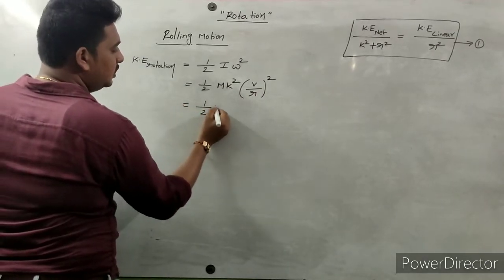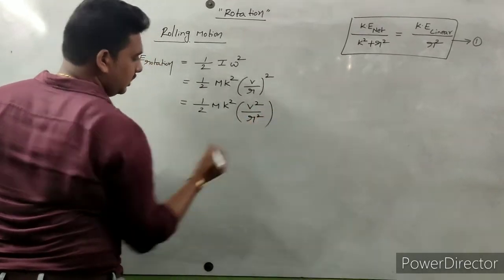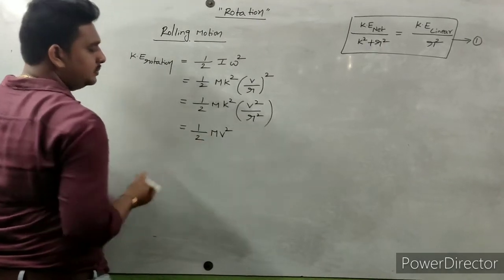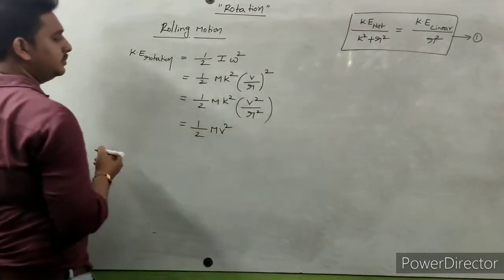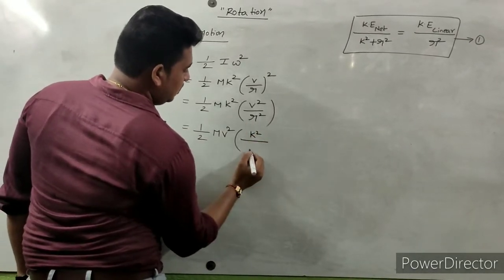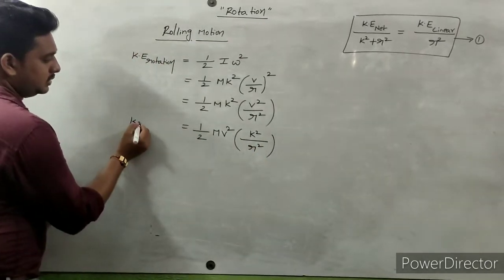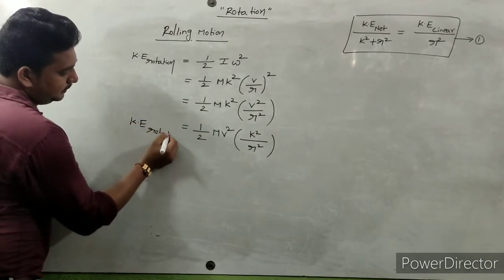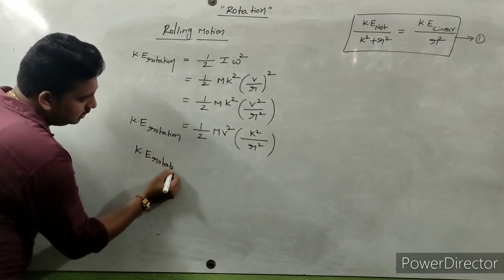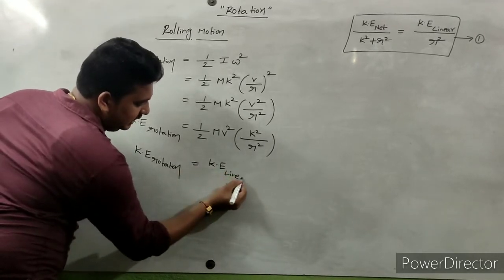So half into mk square into v square by r square, which is half mv square into k square by r square. That is equal to kinetic energy of rotation. Half mv square means kinetic energy of linear.